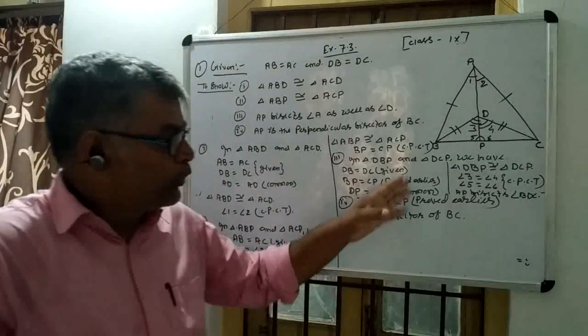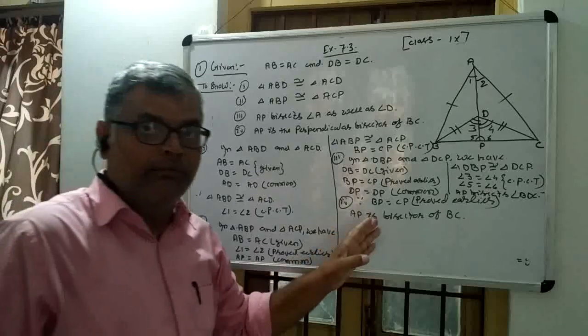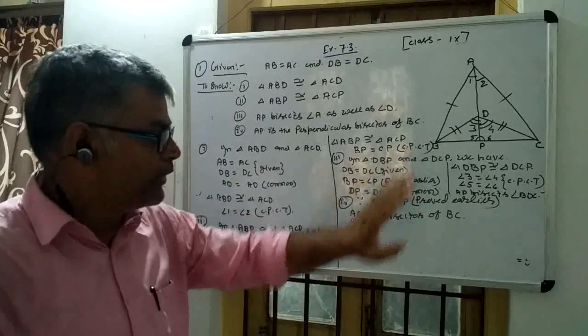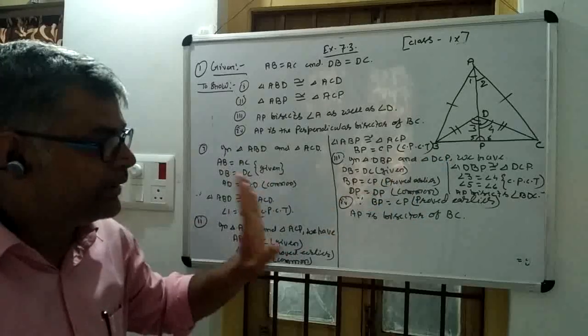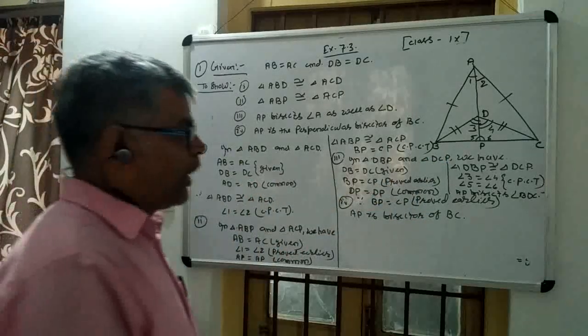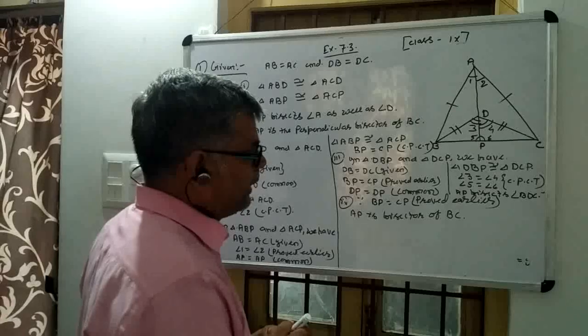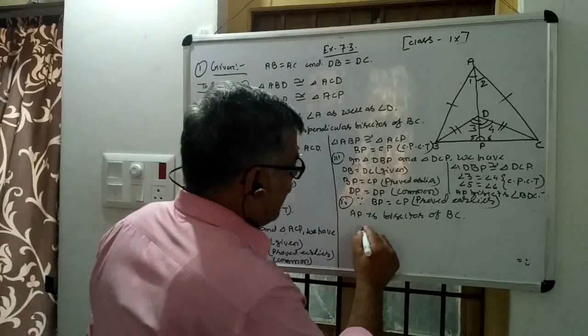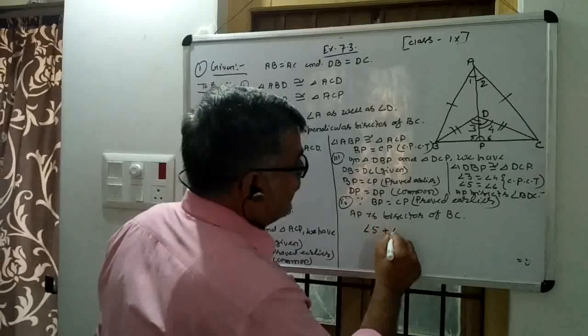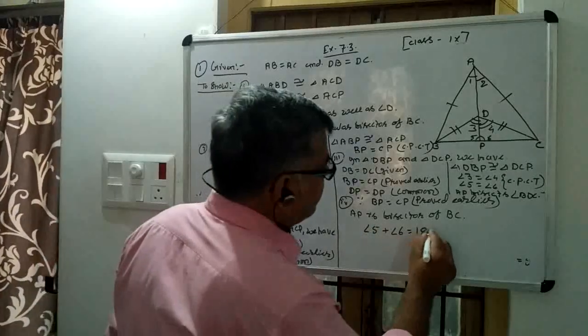Now BP equals CP. Now see in part 4, BP equals CP, so AP is the bisector of BC. Is it clear? Now when it is the bisector, then you can have angle 5 plus angle 6 equals 180 degrees.